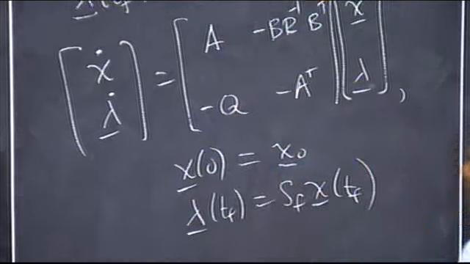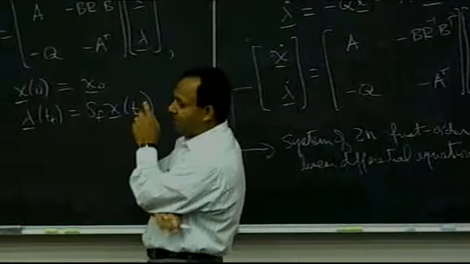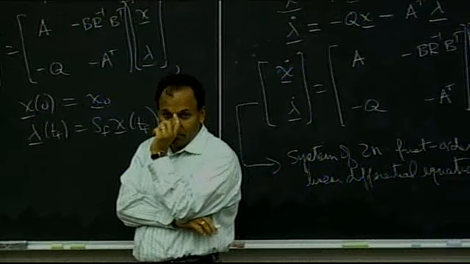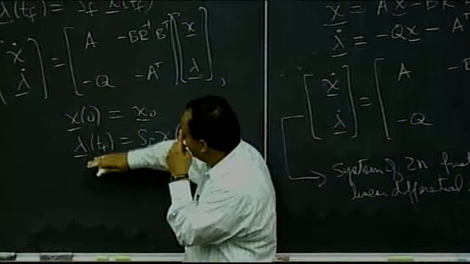Now, how many scalar boundary conditions do I have? I have 2n, right? Because I have n boundary conditions here and n boundary conditions here.